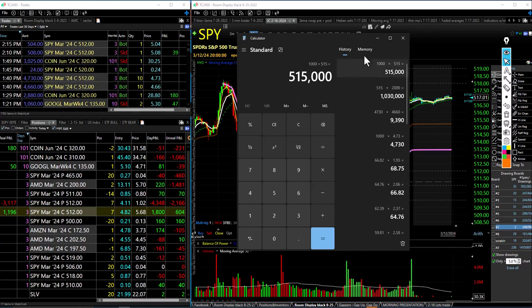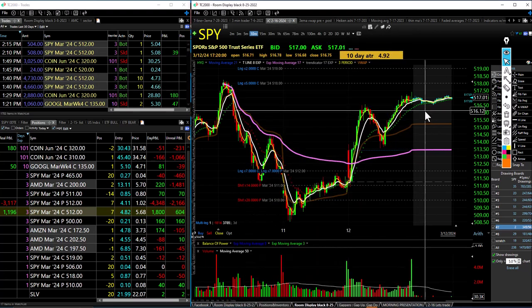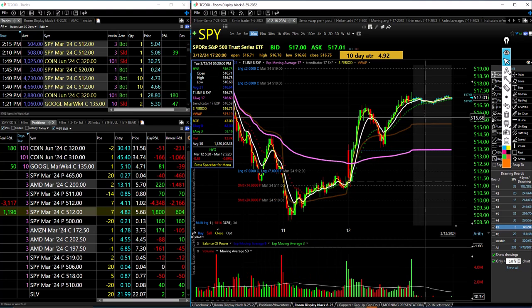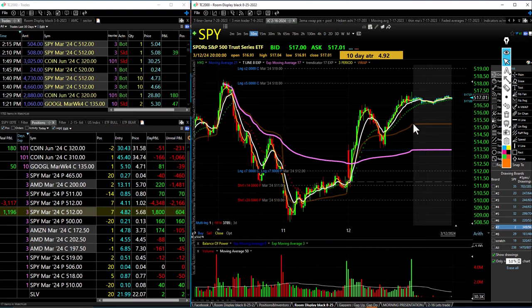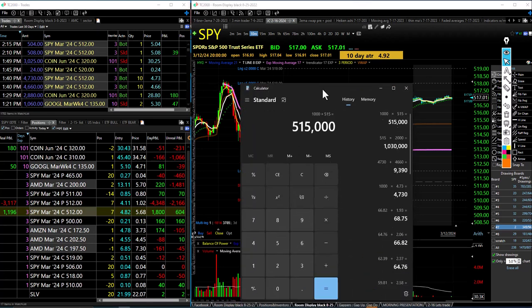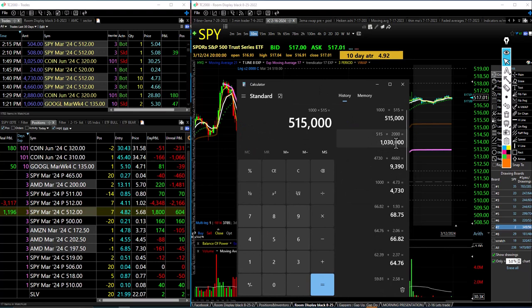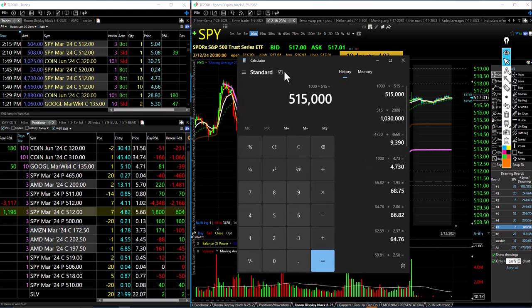SPY was trading at 515.50 right through here when I took the trade, as price came up over that red candle. So I've got control of 2,000 shares, which equates to $1 million worth of SPY, and I'm able to control that for a small amount of 9,390, and that's how you leverage your money, by trading options.